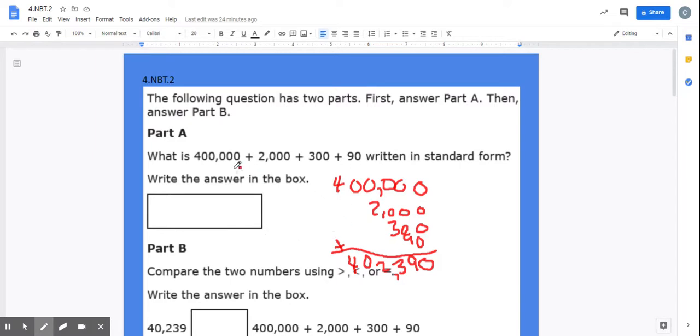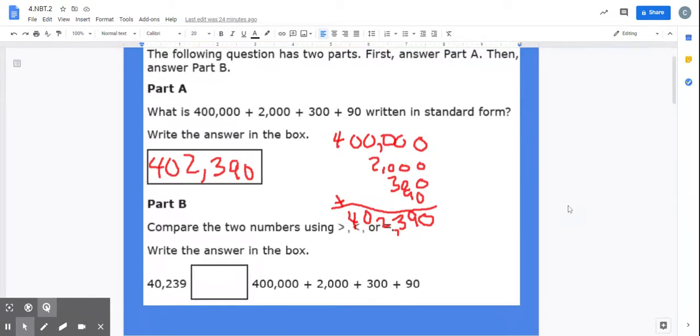So the standard form of our number from expanded form is 402,390. So we type the number in standard form using only digits.